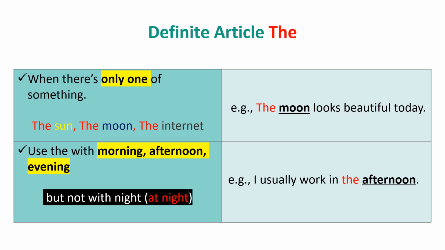For example, the moon looks beautiful today. We also use the definite article the with morning, afternoon, and evening. However, we do not use it with night. We say at night. For example, I usually work in the afternoon.